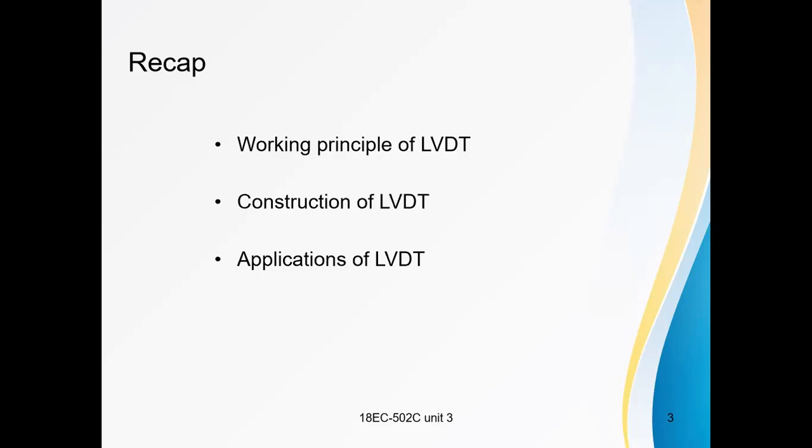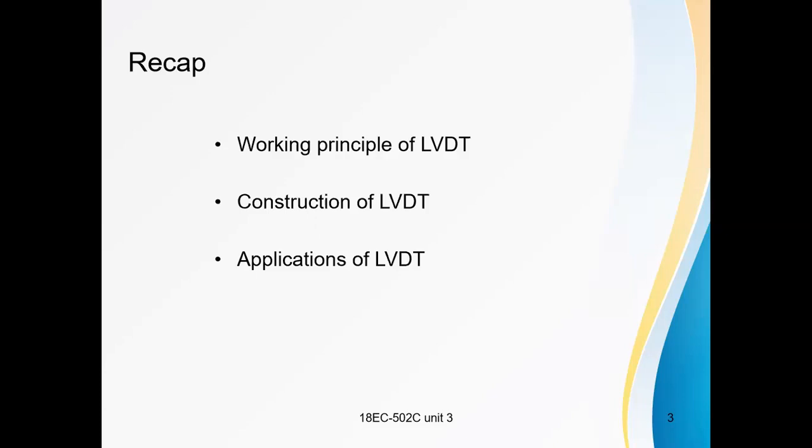It is a type of transformer, and a transformer definitely has two windings, a primary winding and a secondary winding. Here LVDT is a type of inductive transducer, that means a passive inductive transducer. It is used to measure force, that means weight and pressure.